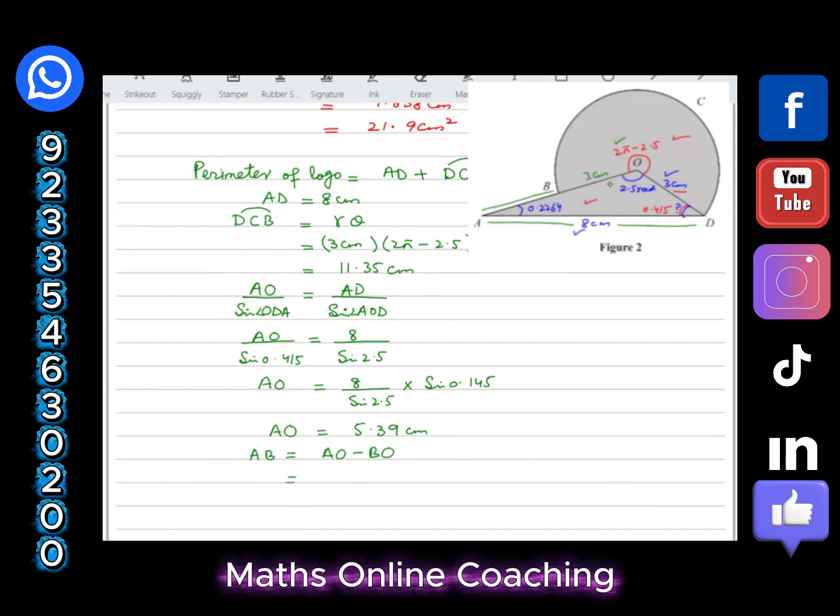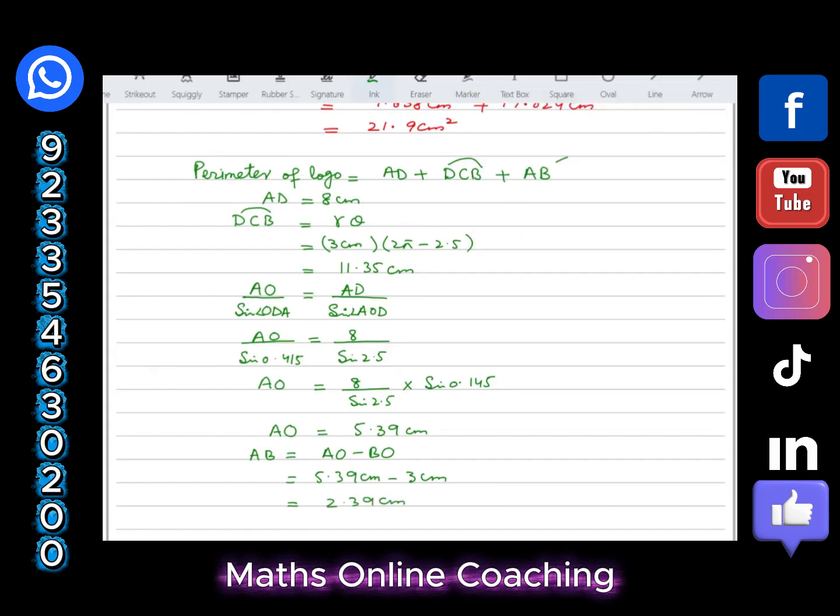Now AB is equal to AO minus BO. This is 5.39 centimeters minus the value of BO is 3 centimeter, which is the radius of the sector. This is equal to 2.39 centimeters. Now we have all three values which we have to put in the perimeter. Number one is AD, the second one is arc length, and the third one is the length of AB.